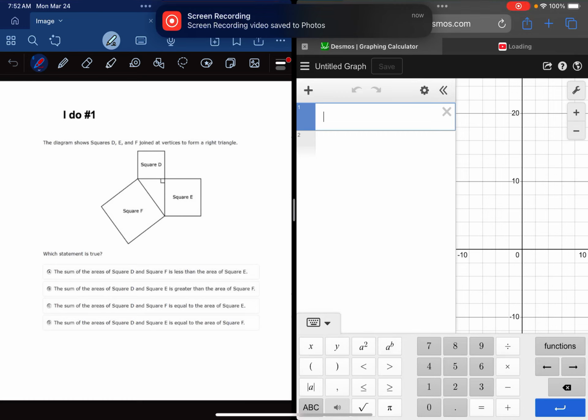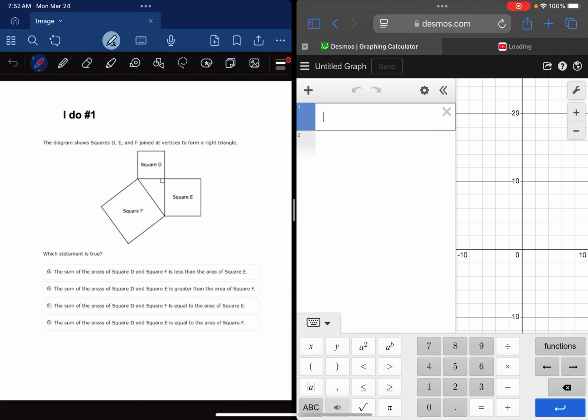Today's I do says the diagram shows squares D, E, and F joined at vertices to form a right triangle. Which statement is true? So when we see a right triangle, we should automatically think of the Pythagorean theorem.